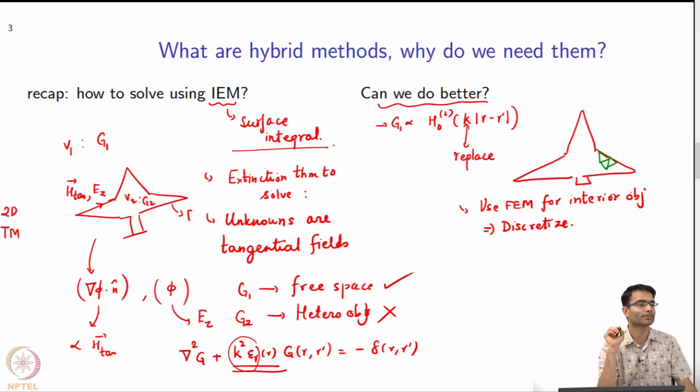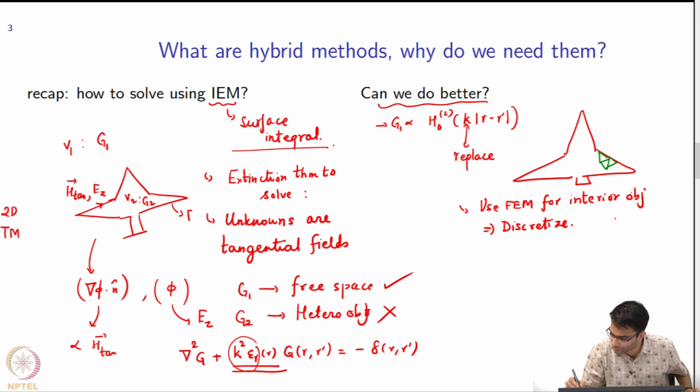Okay. What is left? I have decided I don't want to pay the price of discretizing air and I don't want to pay the price of an inexact boundary condition. So for the part of the FEM where I impose the boundary condition, instead of applying an ABC, I somehow use the boundary integral equations, because they are exact and they are along the boundary. This is the conceptual idea.